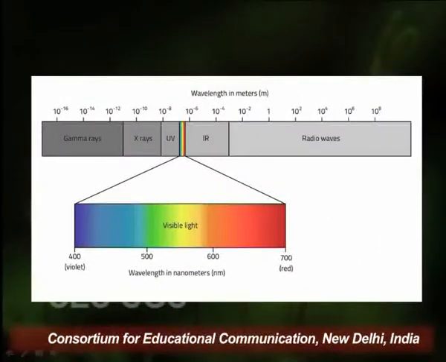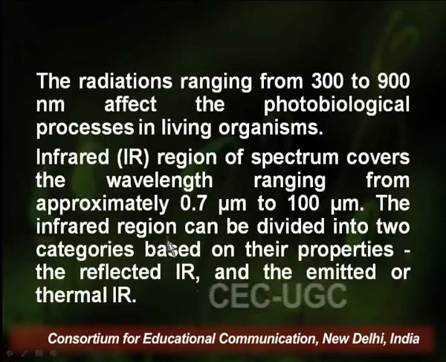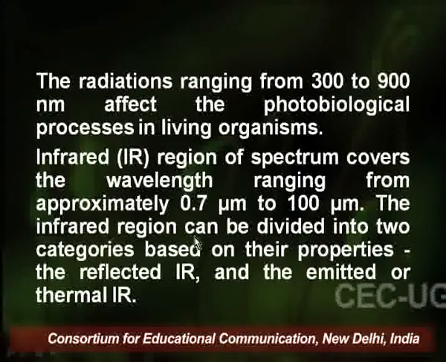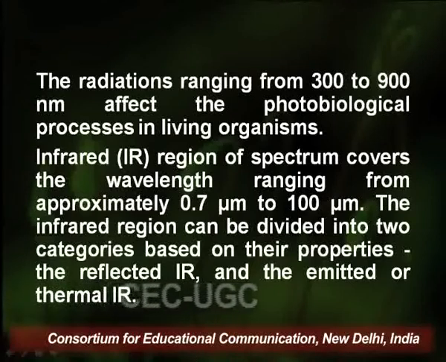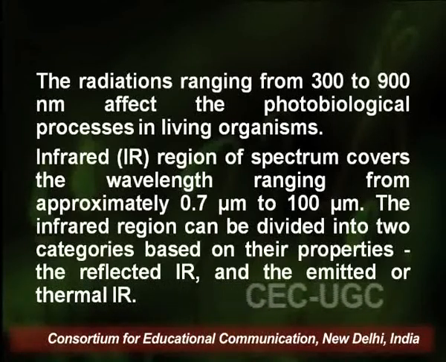Now, this slide shows the wavelength in nanometers, and you can see the spectrum over here, where you can see the violet with the shortest and the red with the longest wavelength. Now, moving on, the radiations ranging from 300 to 900 nanometers affect the photobiological processes in living organisms.